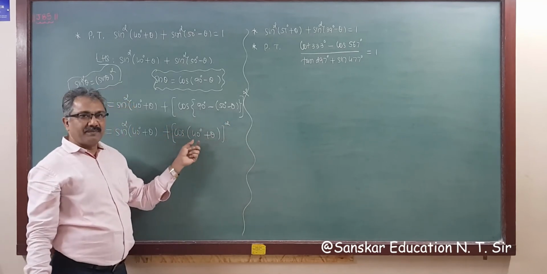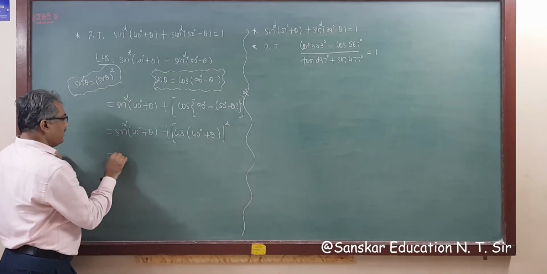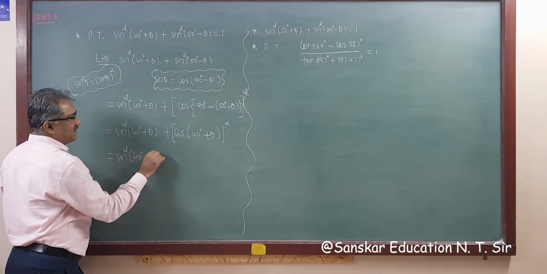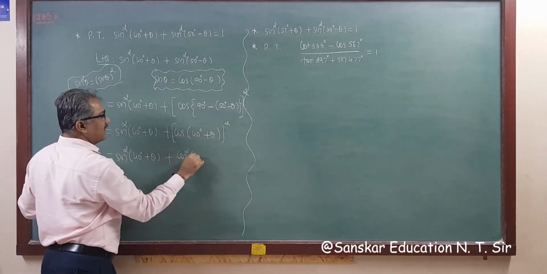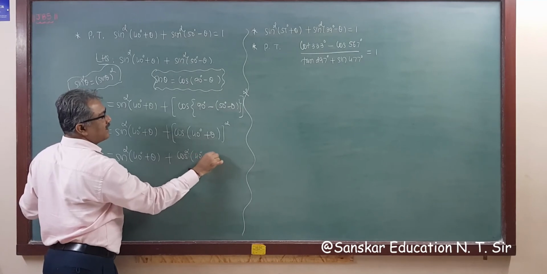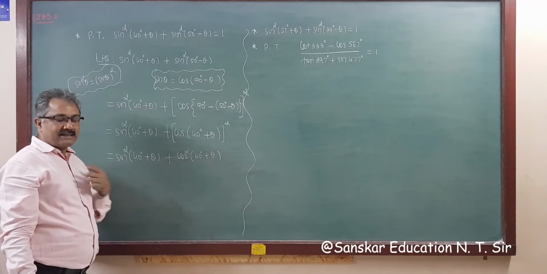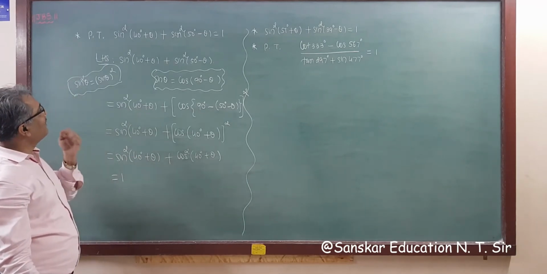Now whole square means the square of the function, that is cos. So this will be sin square 40 degree plus theta plus cos square 40 degree plus theta. So this is sin square theta plus cos square theta, which is equal to 1.